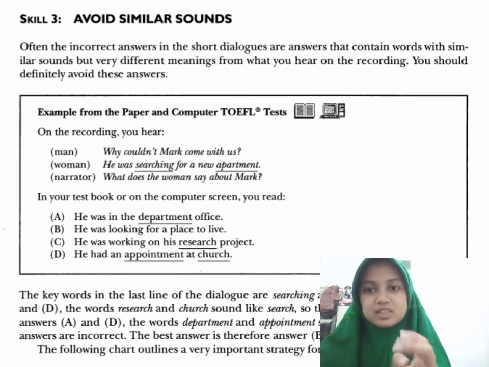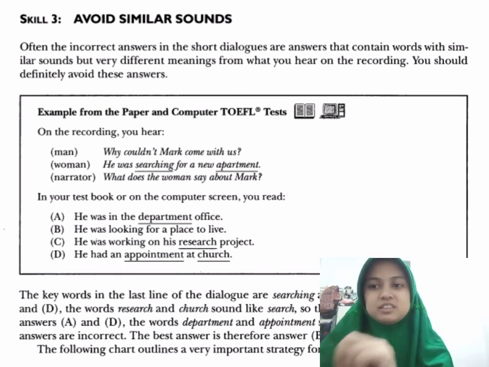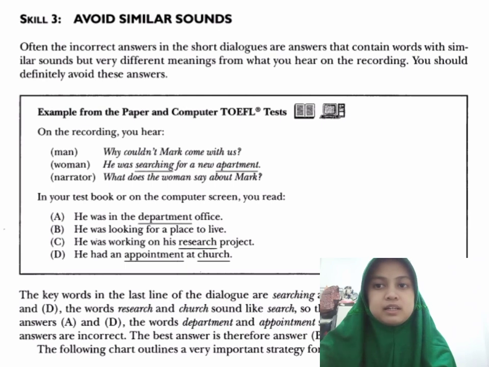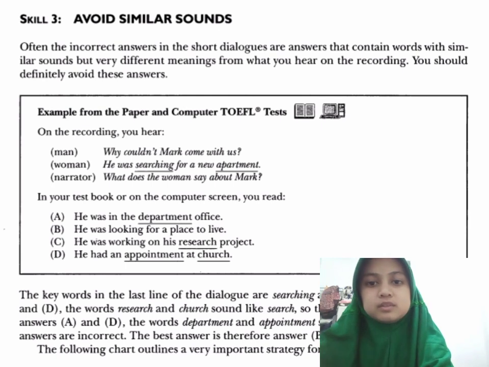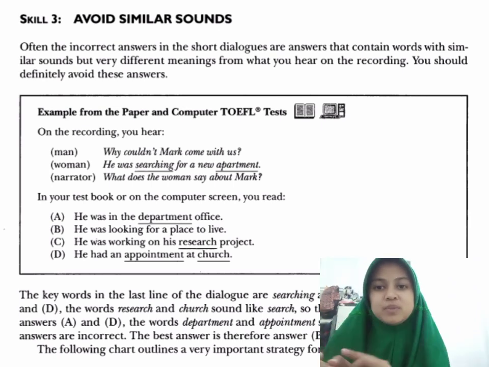So both of them have the word search in them. And then D is also incorrect because it says that he had an appointment, meanwhile the woman says he was searching for a new apartment. Apartment and appointment are similar.